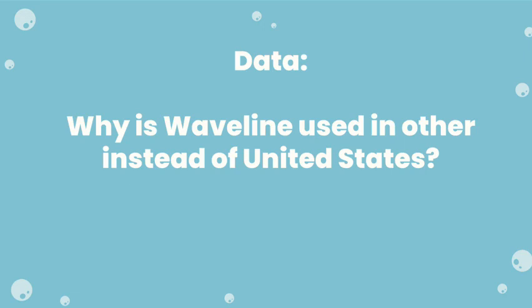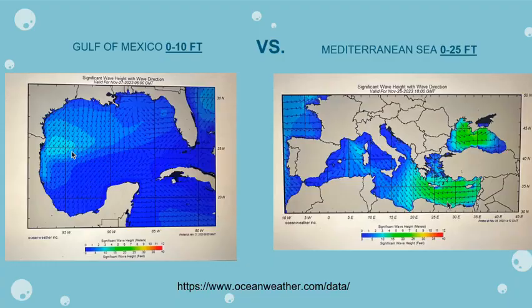So my data: why don't we see these in the United States or nearby Gulf of Mexico compared to other countries that this may be normal for them? Why is that? According to the data on oceanweather.com, we see over here to our left the Gulf of Mexico. This was on November 27th, so pretty recently.